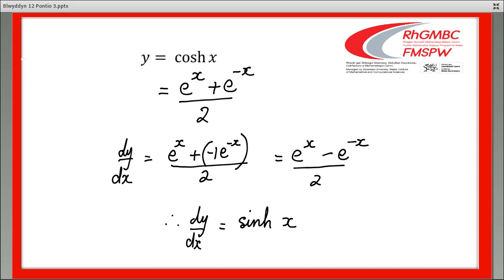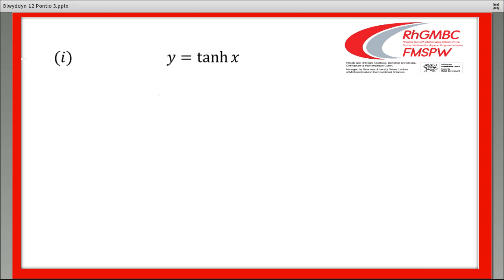So moving on to tanh. Now, obviously, tanh takes a little bit more time because it's got the fraction, and we need to be able to deal with the fraction.